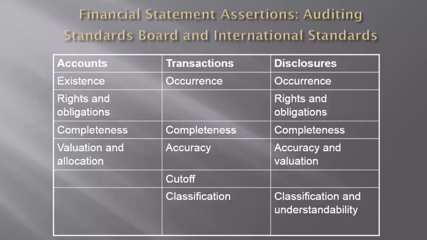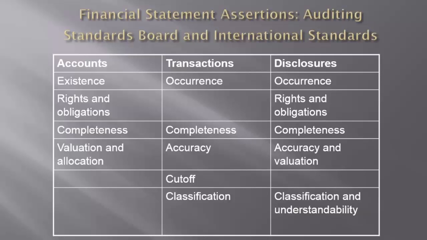So as an example, think about the assertions related to, let's say, fixed assets. Okay, so management says we have $1 million of fixed assets. So what are they asserting?